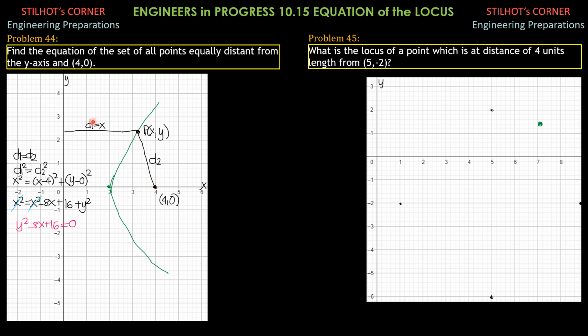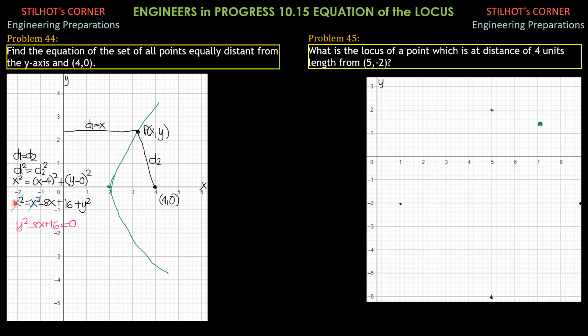So that is d sub 1 equals d sub 2. So d sub 1 squared equals d sub 2 squared. Since d sub 1 is just x, x squared equals the distance between (x, y) and (4, 0), by the distance formula and by the Pythagorean theorem, quantity (x minus 4) squared plus quantity (y minus 0) squared.